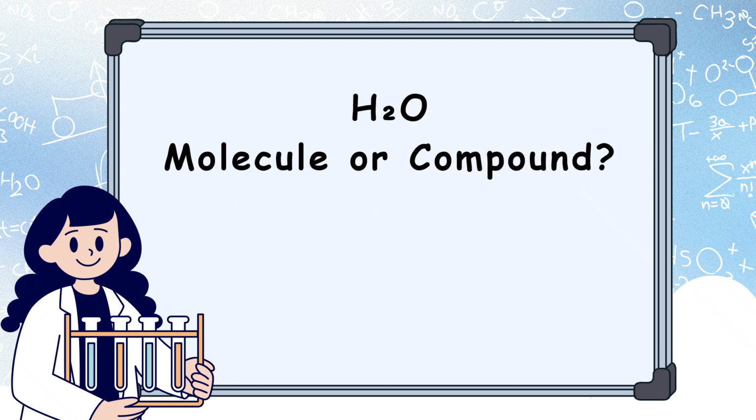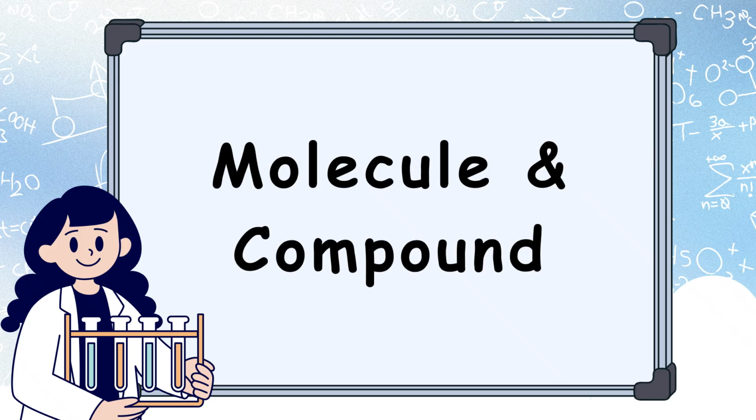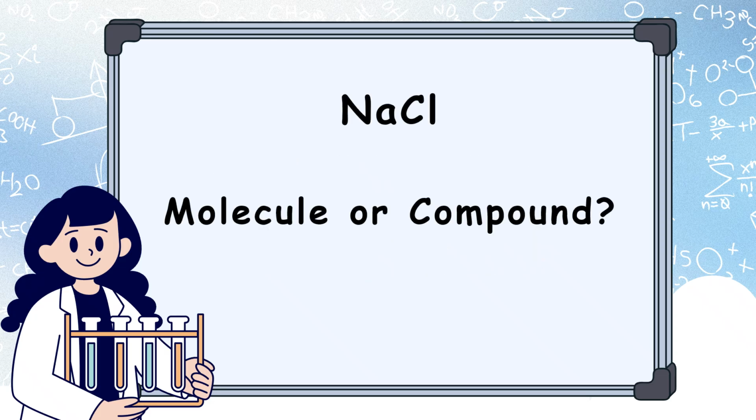Here we have the formula for water. Is this a molecule or a compound? H2O is a molecule and a compound. Here we have the formula for salt. Is this a molecule or compound or both?